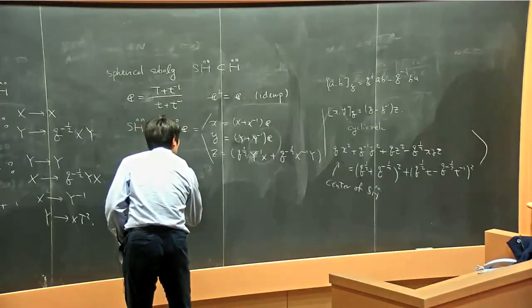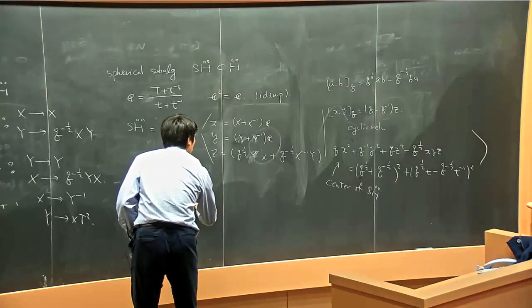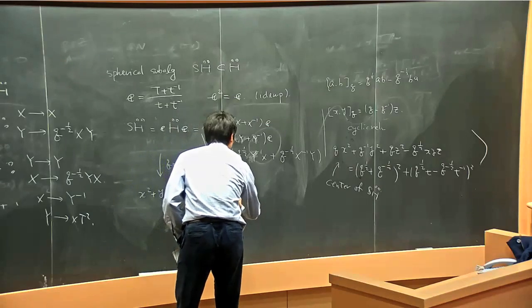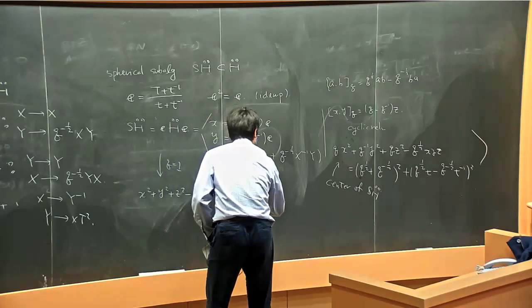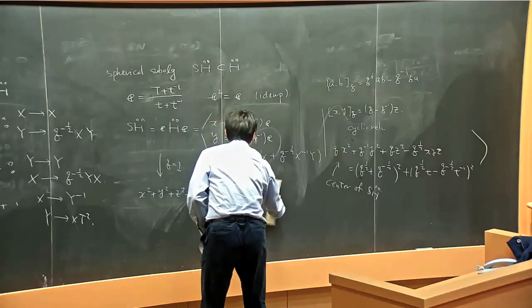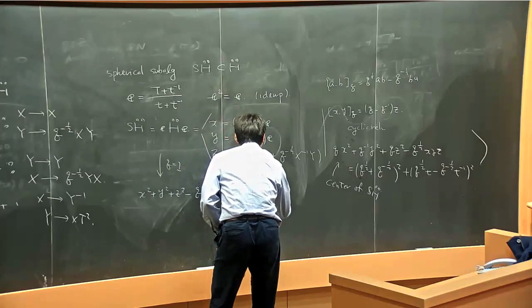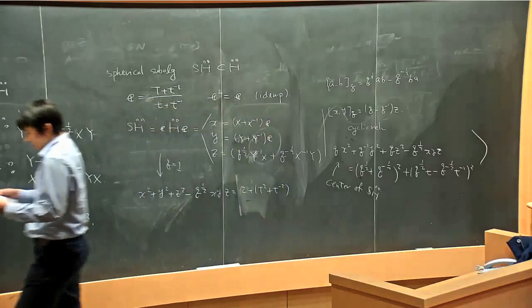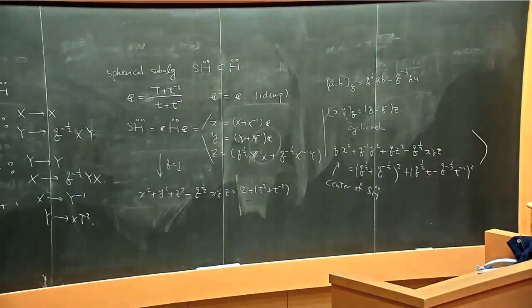And x squared plus y squared plus z squared minus q 1/2 xyz is equal to q 1/2 (2 plus t squared plus t to the minus 2). Okay.